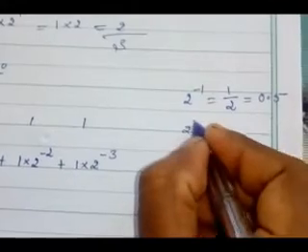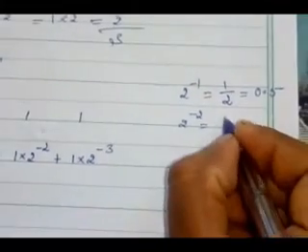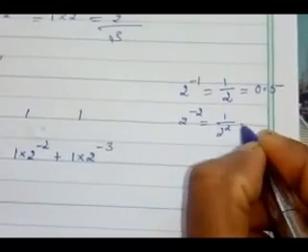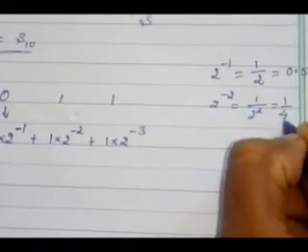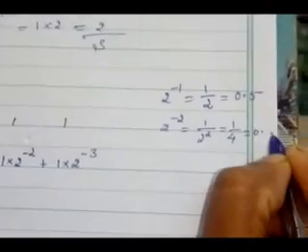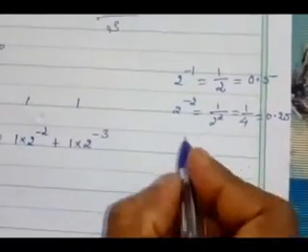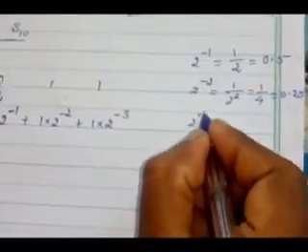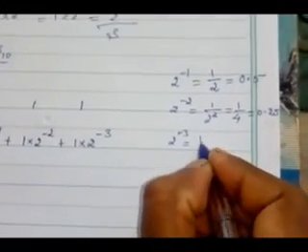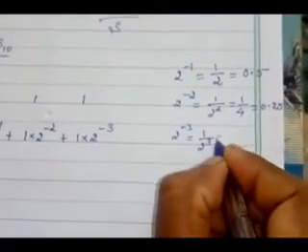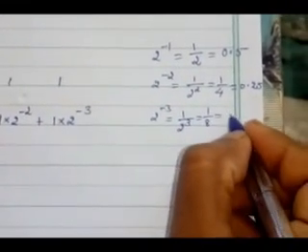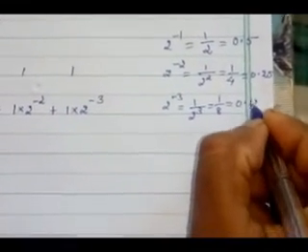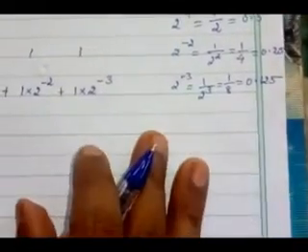Next 2 power minus 2: 1 by 2 power 2, 2 power 2 means 4, so 1 by 4, which means 0.25. Next 2 power minus 3: 1 by 2 power 3, which is equal to 1 by 8, which is 0.125. Did you get it?